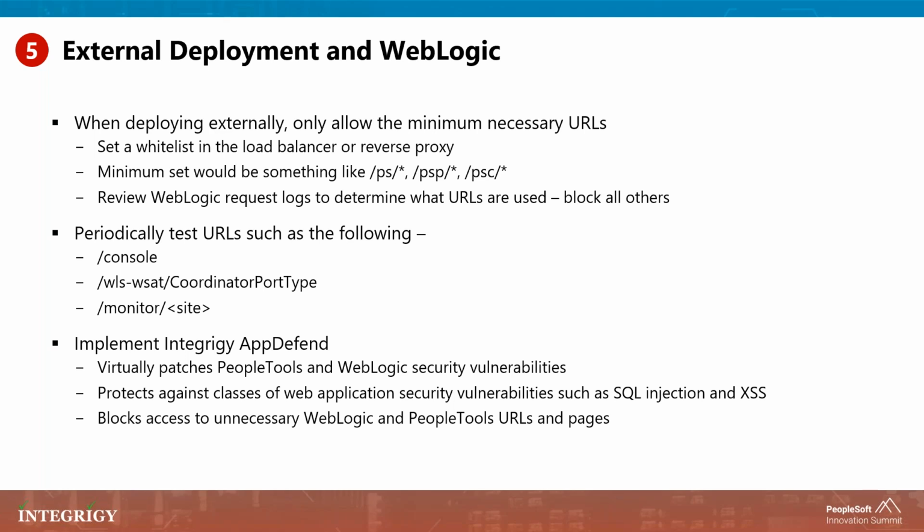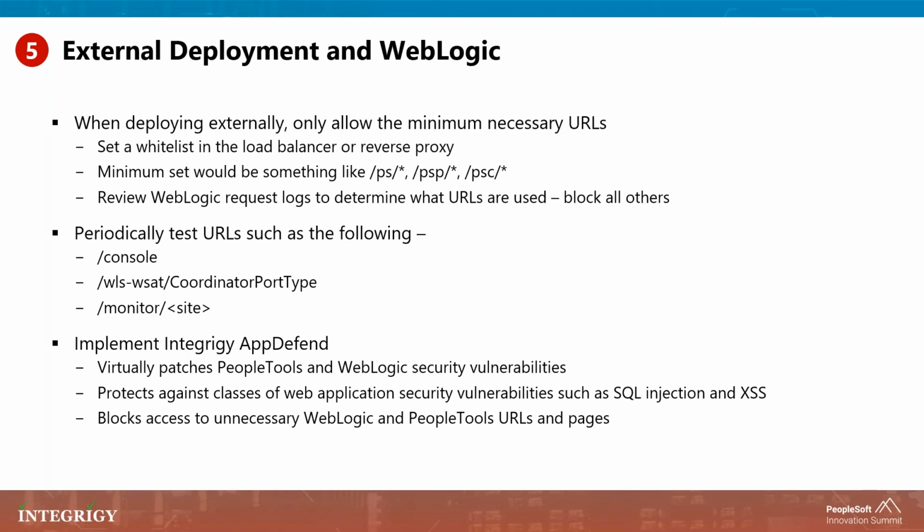And if you go through the WebLogic request logs, you can see what's being used. When we talk about URLs that are accessible, servlets, functionality accessible in WebLogic, there's about 100 different URLs. If you look at the URL in your browser when you're accessing your PeopleSoft environment, you won't see 100. You'll see very distinct patterns, and it'll start with PS, PSP, PSC.